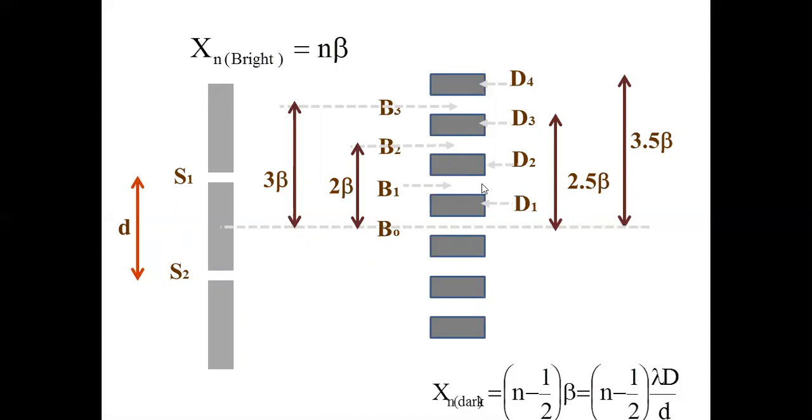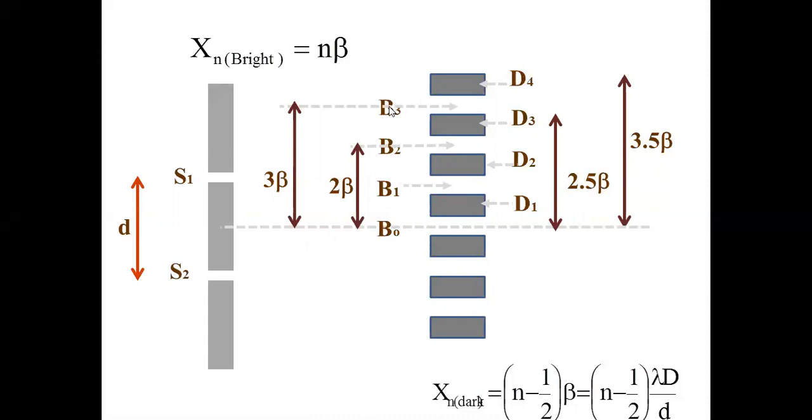Now my question is, suppose in the problem, we are going to work out the problem, you will get it now. Suppose in the problem it is given that the distance from the central bright fringe to the third bright fringe is 1 centimeter.